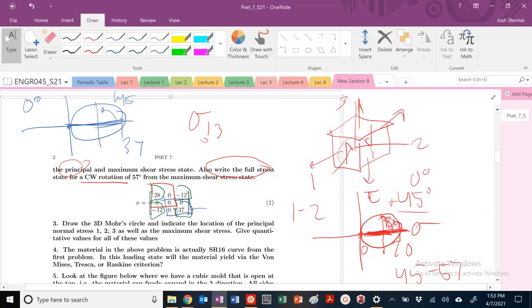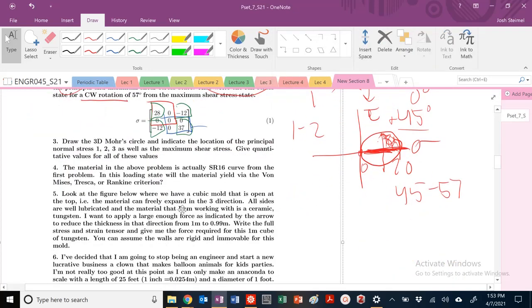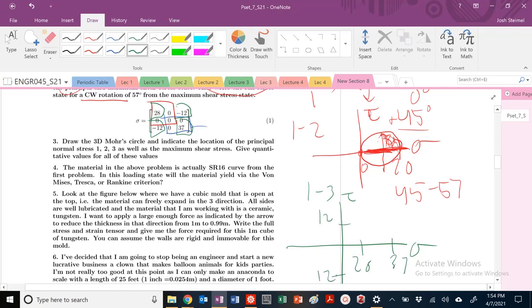Now comes the hard one. So let's look at our 1-3 plane here. So I've got my tau, I've got my sigma, excuse me. I've got a point at 37, a point at 28, and a point at 12 and 12. I've got a point here, here, here, here. So I'm going to draw my circle.